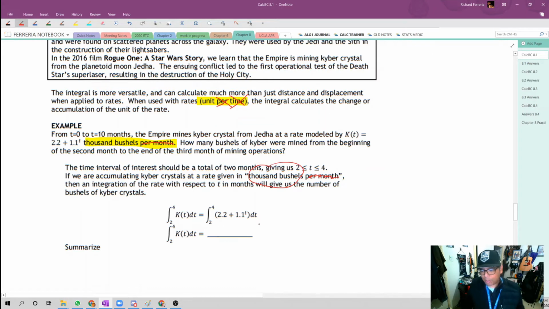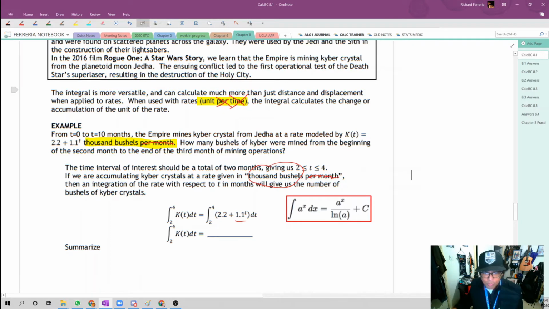So let's integrate this. The integral from 2 to 4 of 2.2 plus 1.1 to the t power. You might be trying to remember, how do I integrate 1.1 to the t power? Here is your relevant antiderivative rule: the antiderivative of a to the x power, and in our case, a is 1.1, is equal to a to the x over the natural log of a, plus a constant.